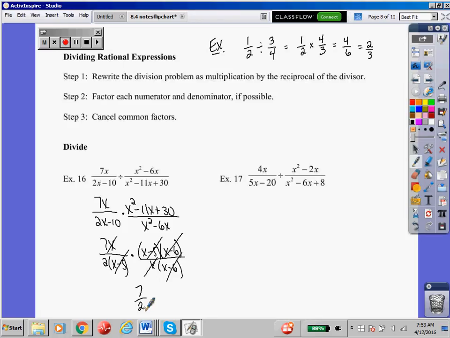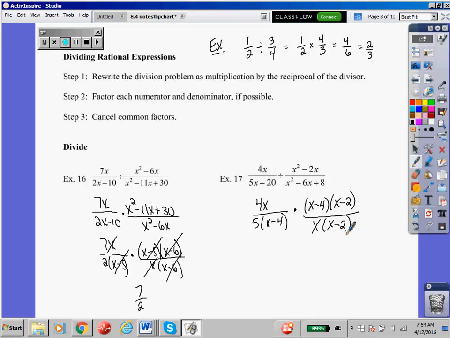All right, then let me show you how I multitask with example 17. I flip and factor at the same time. It just cuts one step out. So watch what I'm going to do here. In 17, I can pull out the GCF, which is x minus 4, but I'm going to take it to a times, and I'm going to factor as I'm flipping. So x squared minus 6x plus 8 would be x minus 4, x minus 2, over, and so I'm flipping and factoring at the same time.